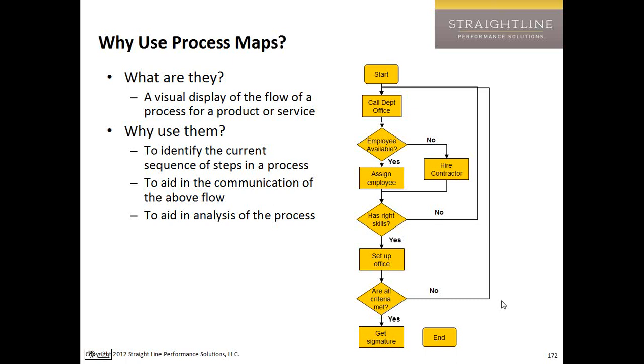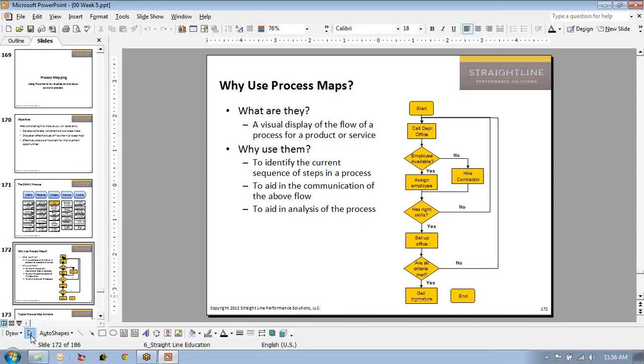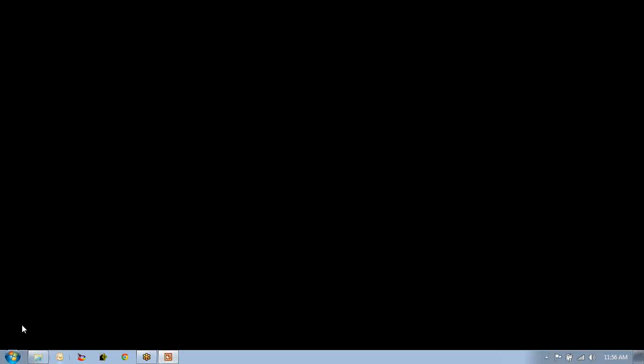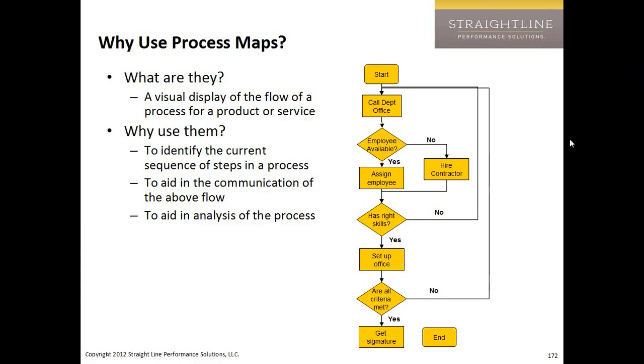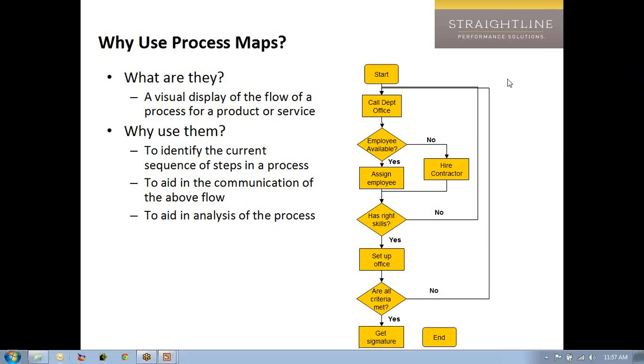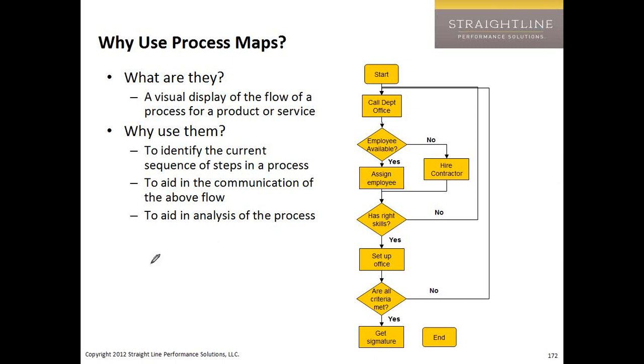A process map is a visual display, and we can use process maps for different reasons. We actually get to see whatever that entity is and how it flows through various places.